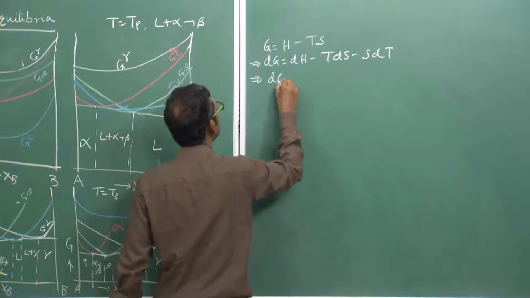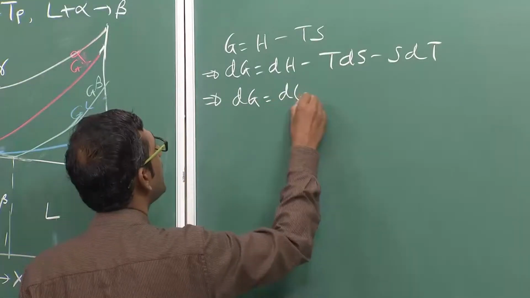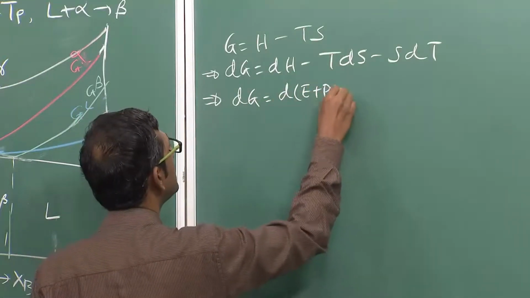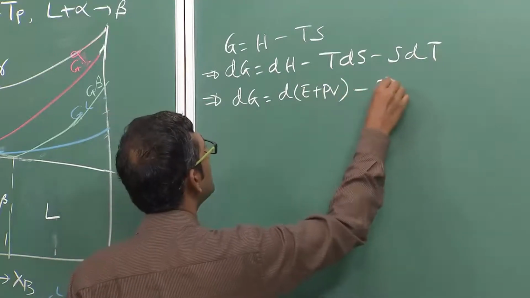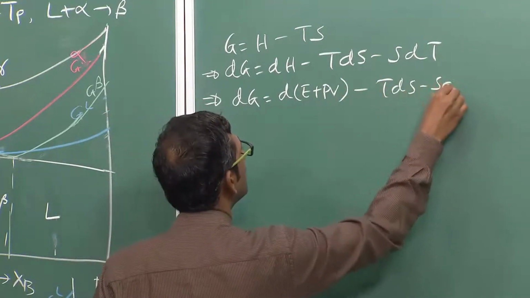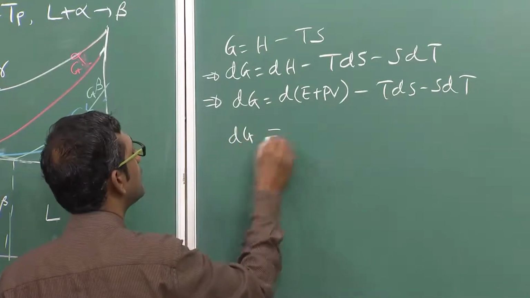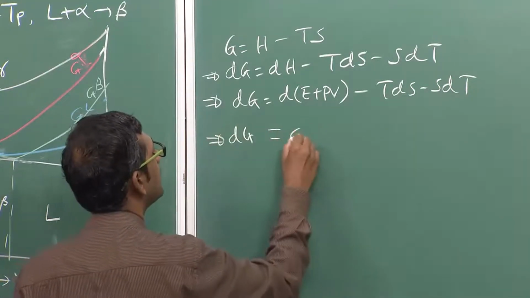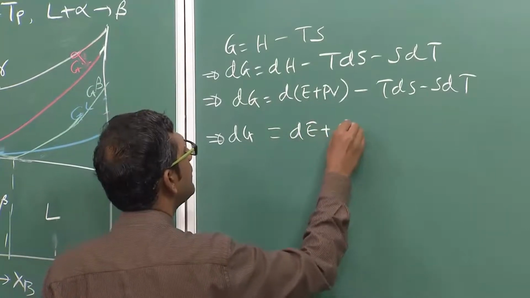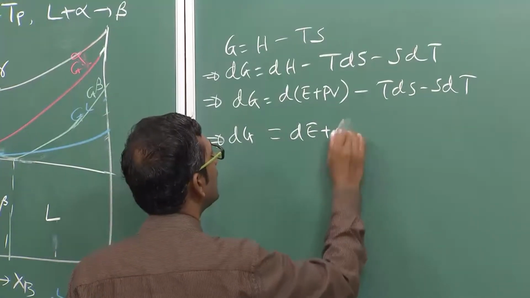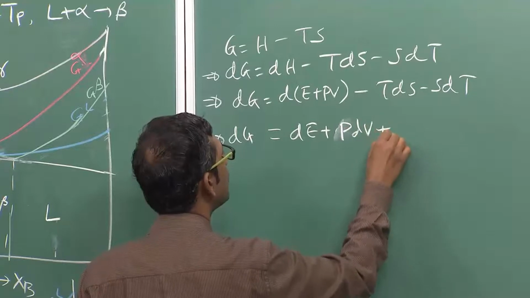Now this dG can be further expanded because H is nothing but E plus PV, and this again can be made a total differential.